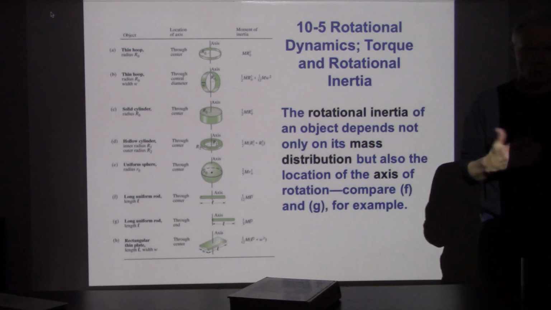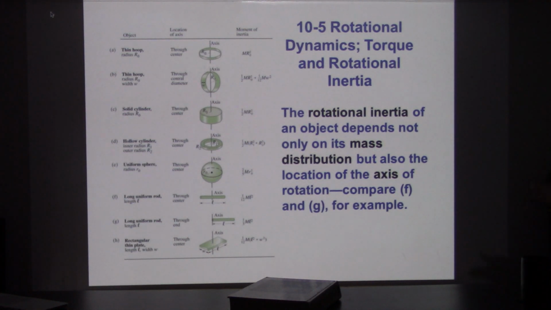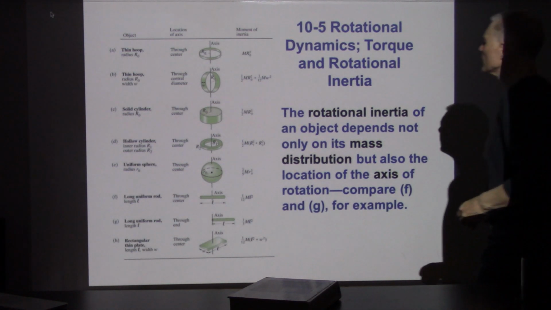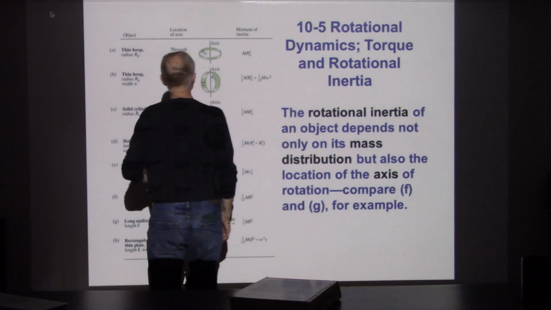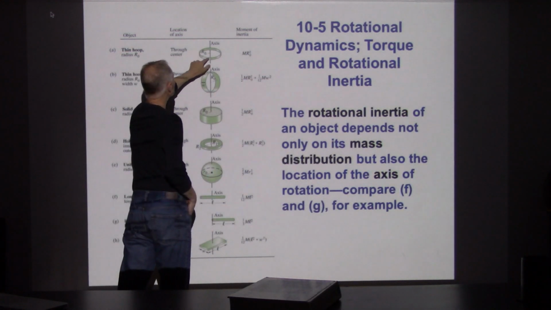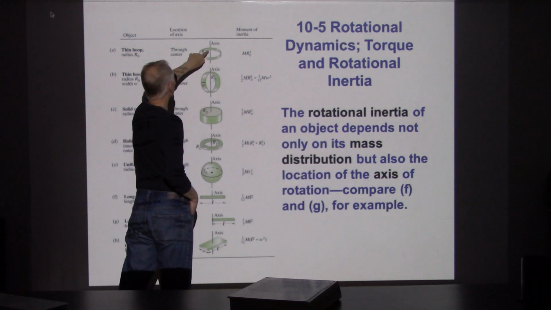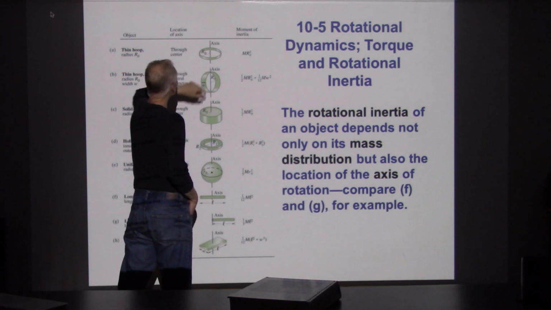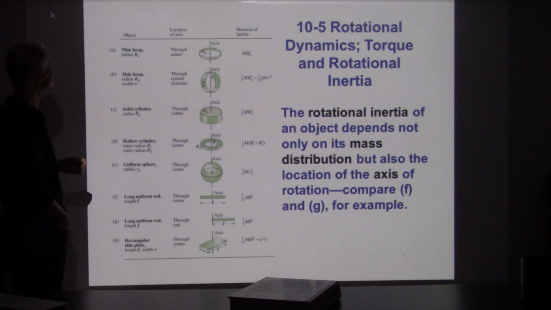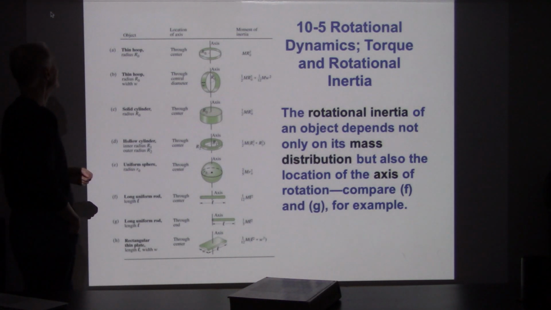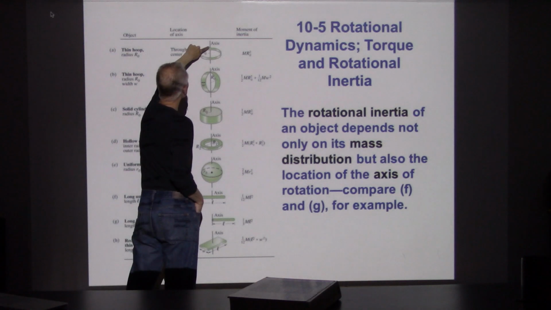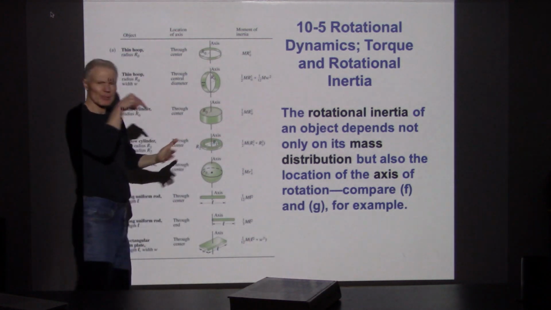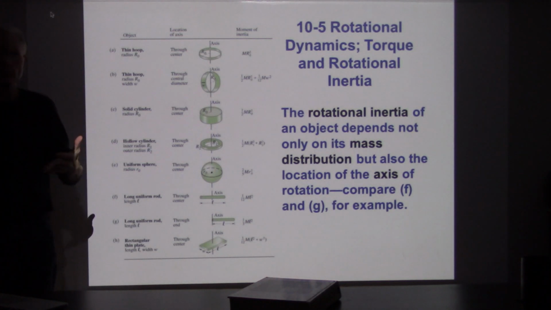Now, for a hoop, what axes of rotation might we want to look at? One of the axes they have listed here goes right through the center. So there's an axis that goes through the center of the circular hoop.